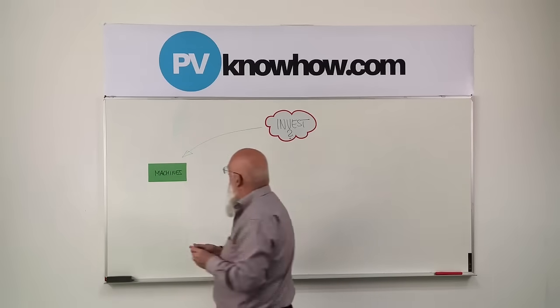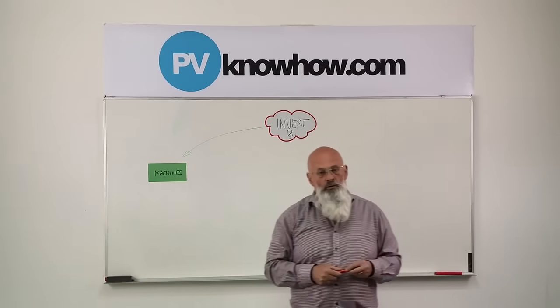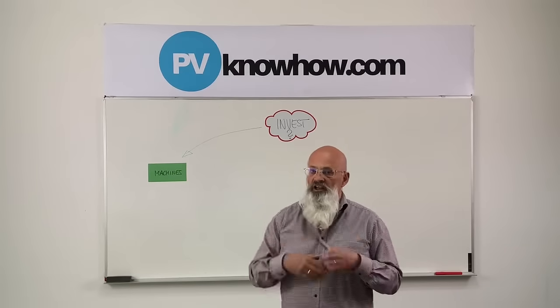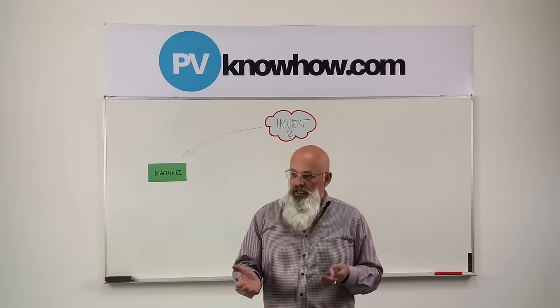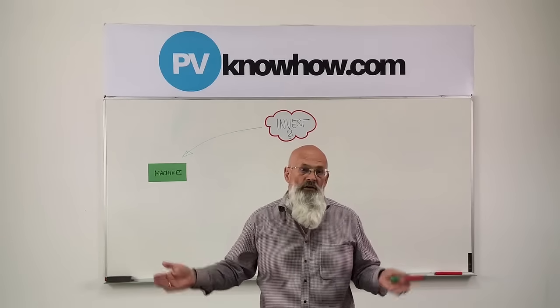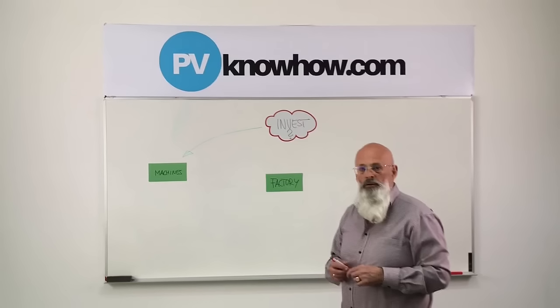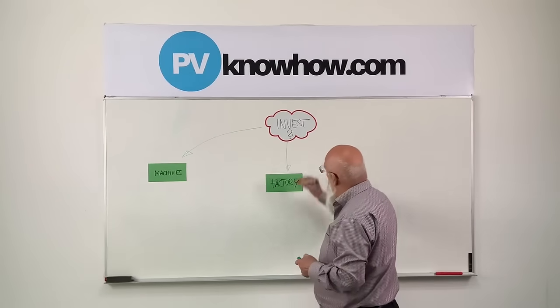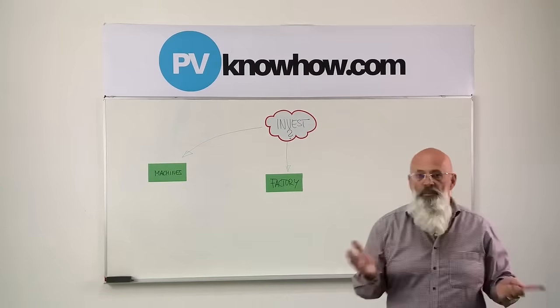So the first one is the machines, which we already declared, which we already explained. And you know, we can start with 5 megawatt, but we even can do 600 megawatt, even gigawatt. So we also have a second part of the invest, which is the factory, which is the building.